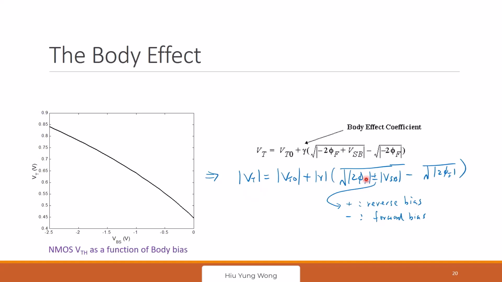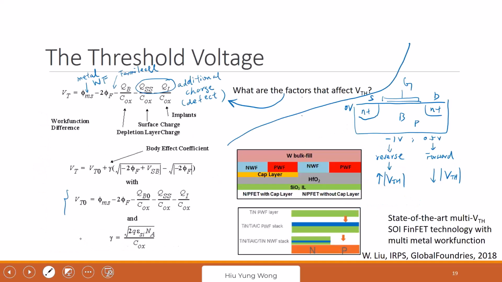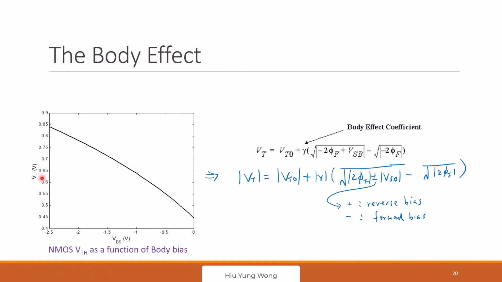Okay, but the main point is here. You see that when VBS increases, more negative means it's reverse bias, right? Just now you told me that this is an NMOS, negative VBS is reverse bias, right? You do see the VTH keep increasing.